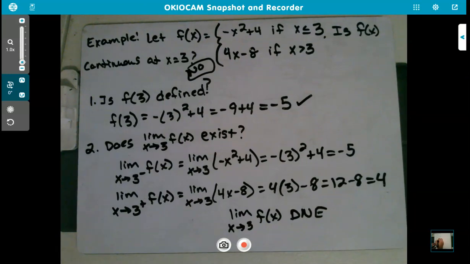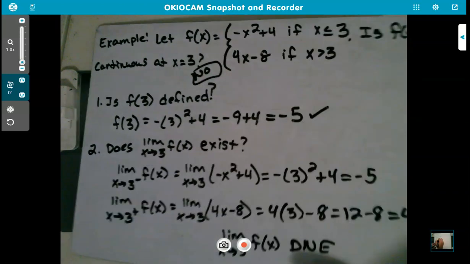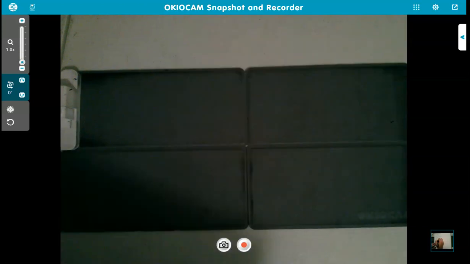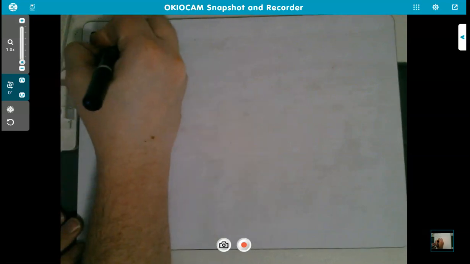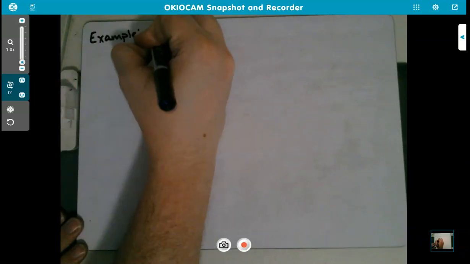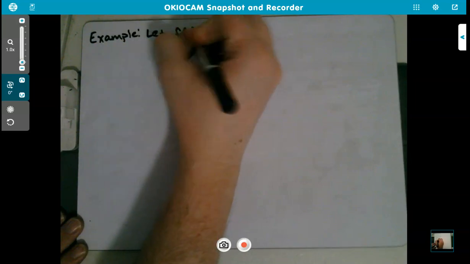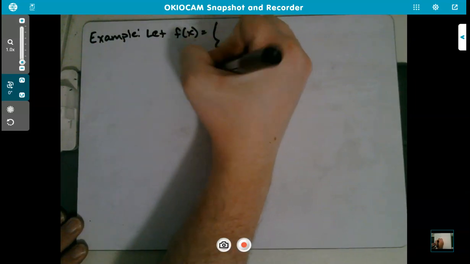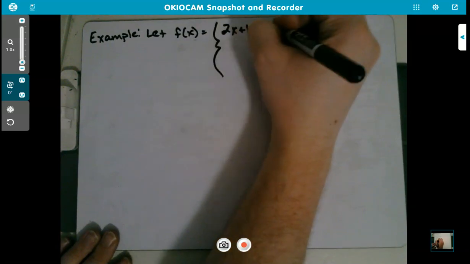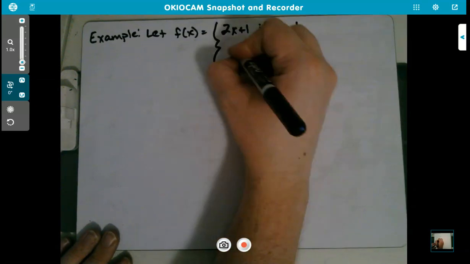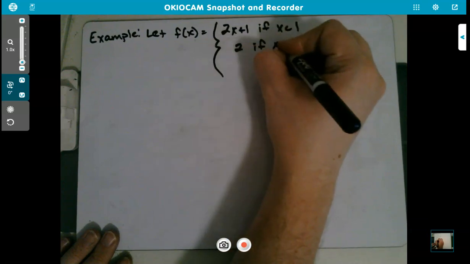We have some more examples. This next one is also piecewise, except there are 3 parts and not just 2. Let f of x be equal to, again, it's going to be piecewise with 3 parts. 2x plus 1 if x is less than 1. 2 if x is equal to 1.